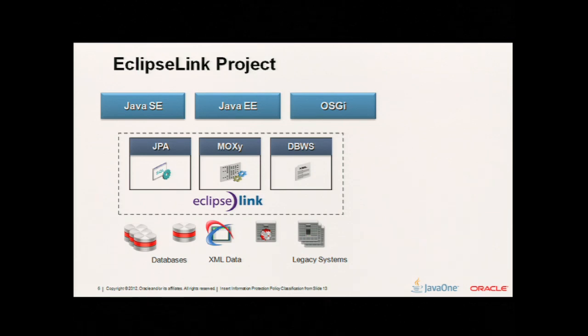Obviously, we're tightly coupled with the Java EE container, but we run quite nicely in Java SE, and we run out of the box as an OSGi bundle with special support for bytecode weaving in an OSGi container. So we're pretty unique in that space too. Pretty much anywhere you want to run your code, anywhere you want to store your data, we help you with the flexibility of doing the mapping.